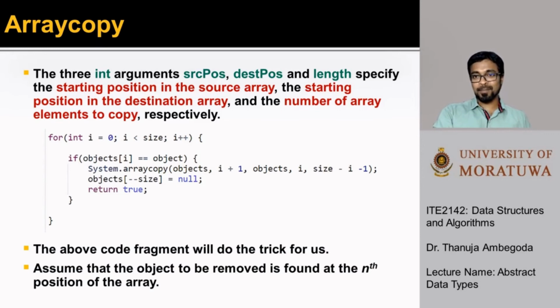So it will be easier maybe if you write down a small example, maybe with 5-6 elements of an array, and try to see how it works as a little exercise. After doing that, you should also know that the size of the array has decreased by 1. That's done by this line with the minus minus, the decrement operator.